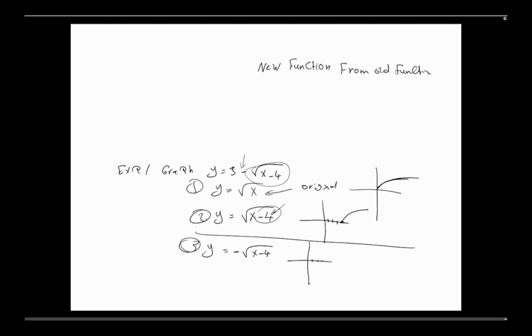Our function was over here, as you see. This was our graph, but now it will be flipped. So this x will become over here. It will be like this. Basically you brought it this way, like you flipped it.